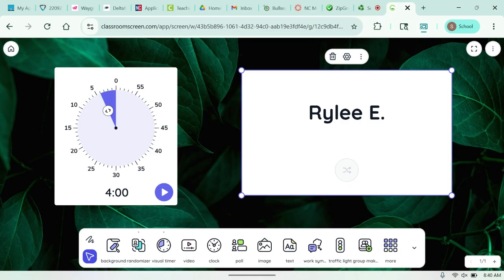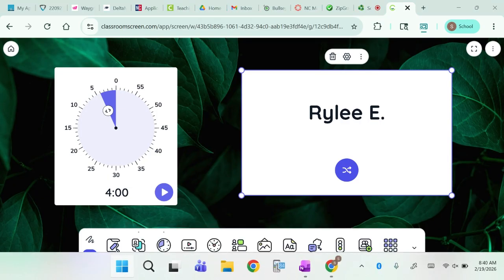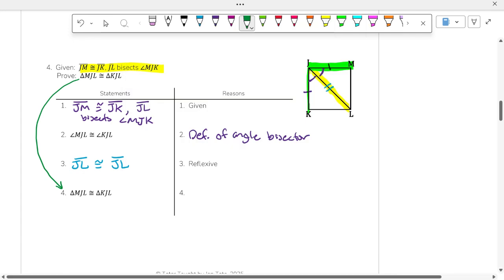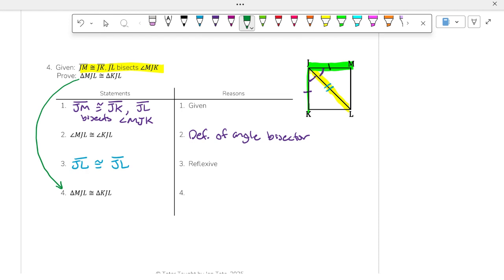Let's go, Riley E. So what postulate tells us that these two triangles are congruent? Say it one more time. Good, side angle side. Because I have two sides with an angle in between them marked. So we would just put SAS. Any questions on these proofs?